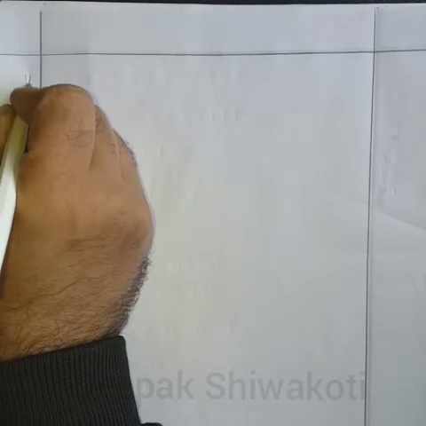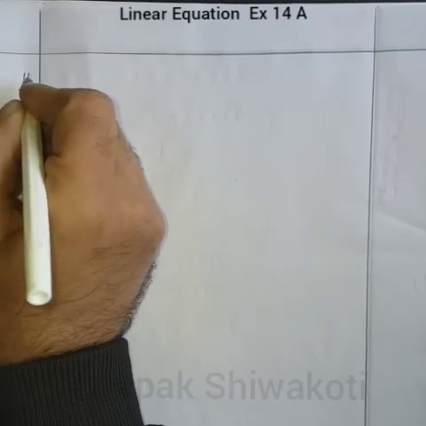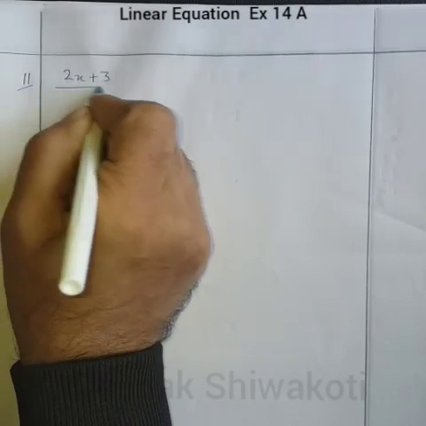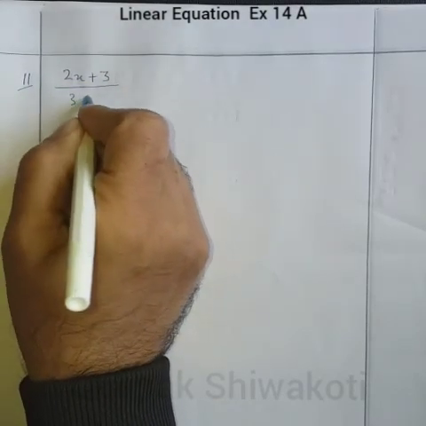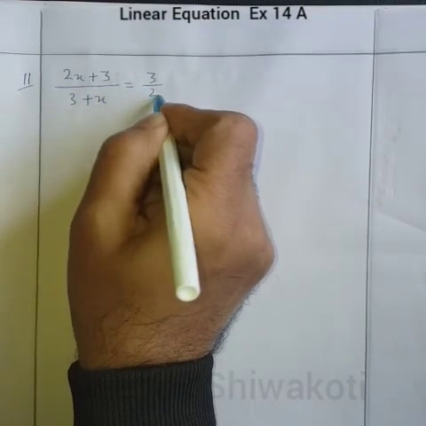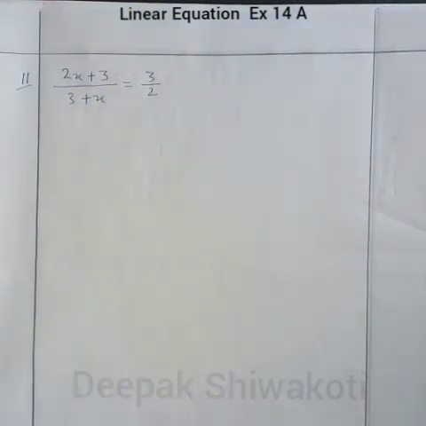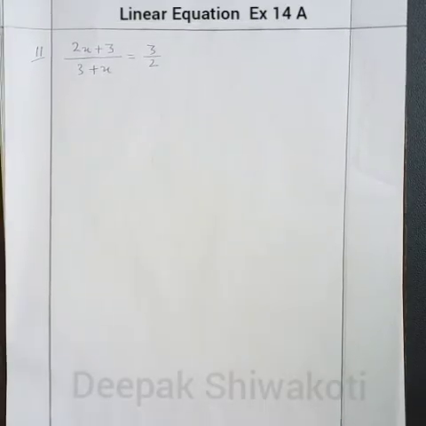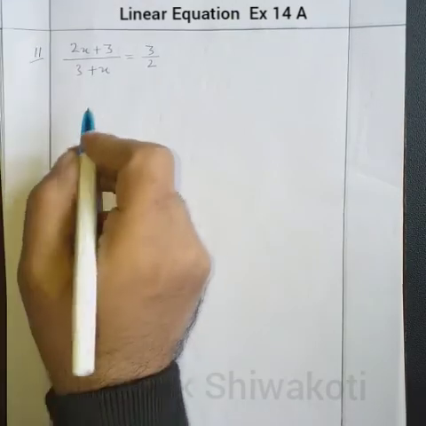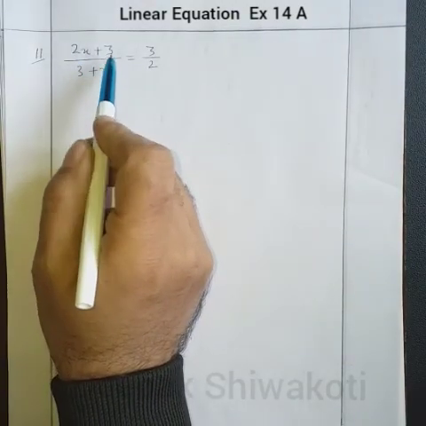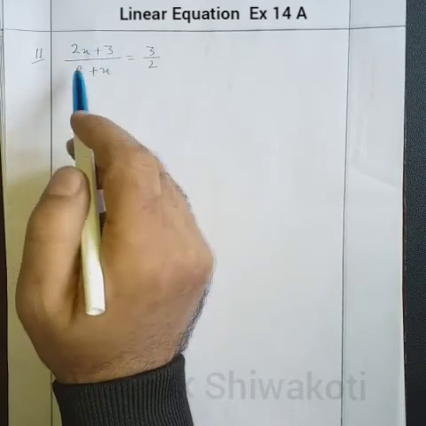Question number 11. 2x plus 3 by 3 plus x is equal to 3 by 2. Okay, here this is the numerator part and this is the denominator part, so this as a whole is a fraction.